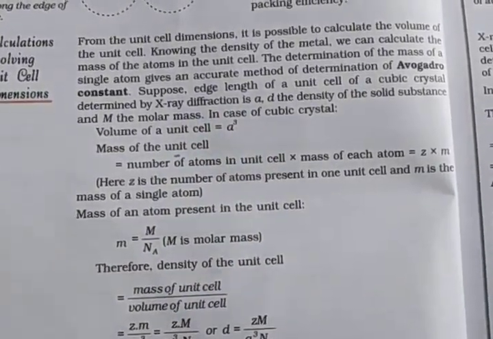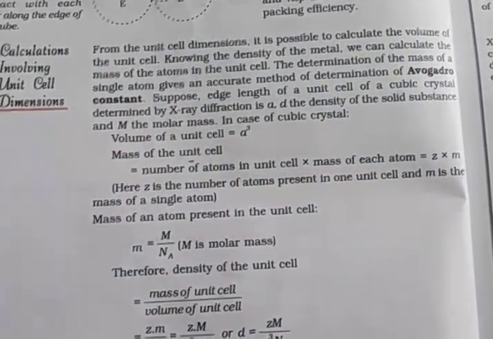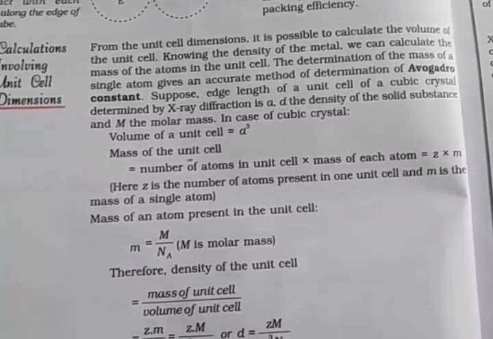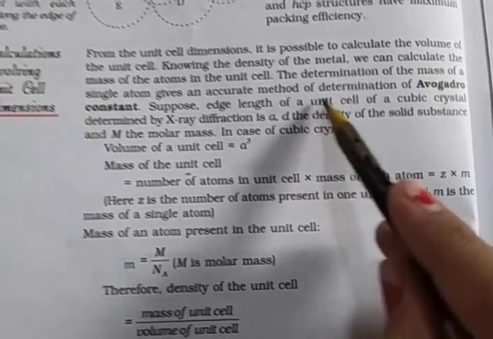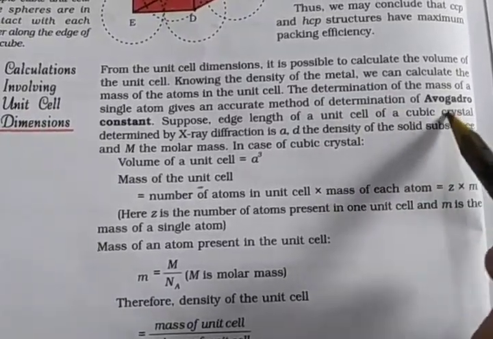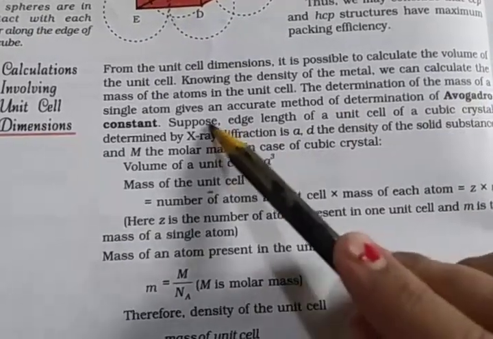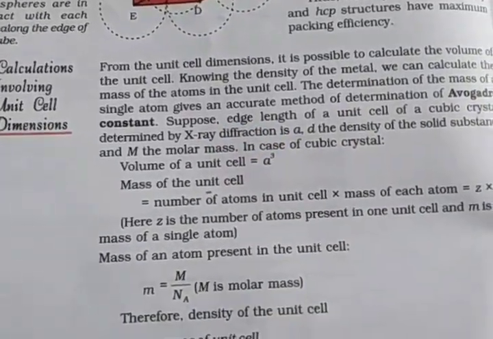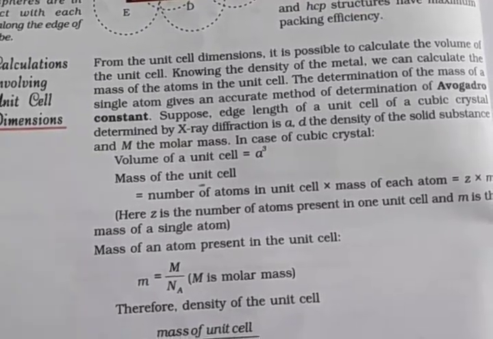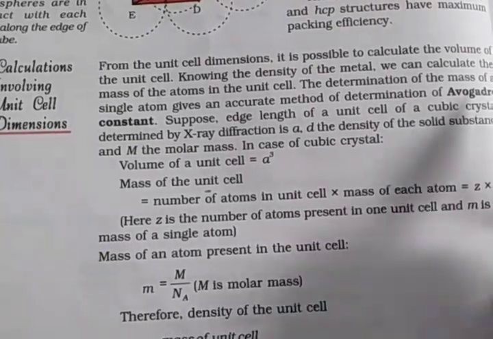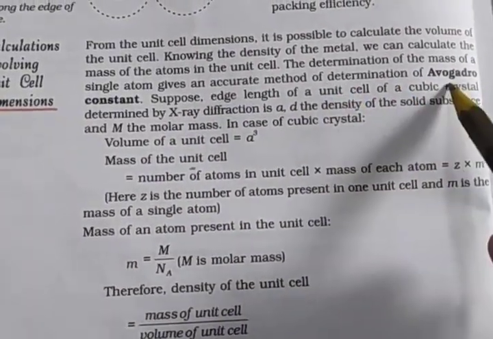The determination of the mass of a single atom gives an accurate method of determination of the Avogadro constant.